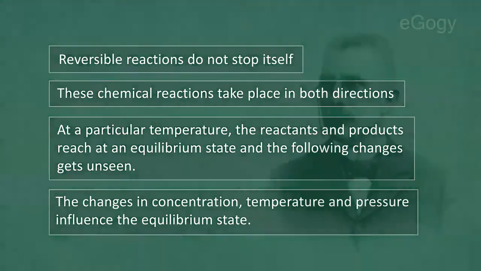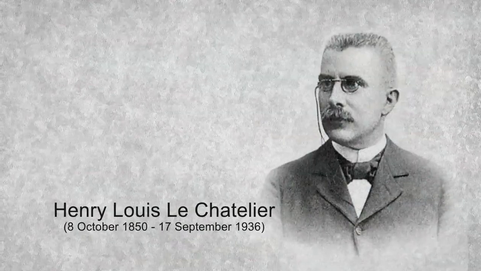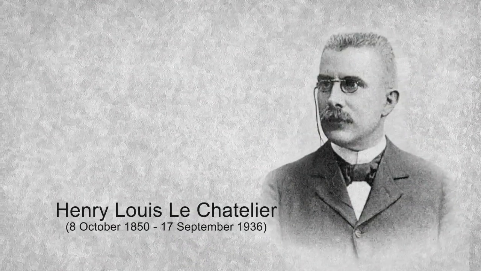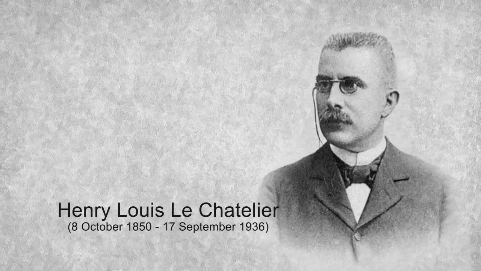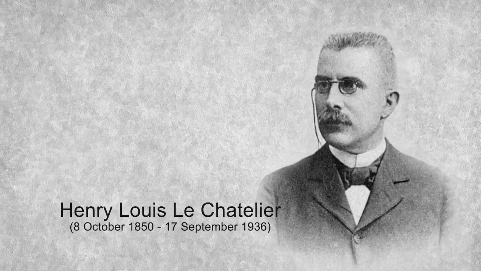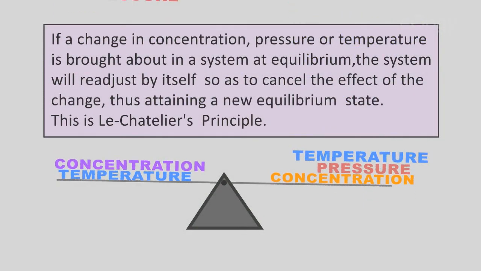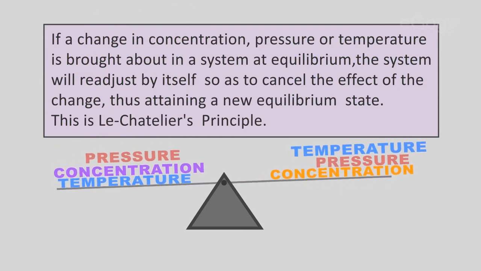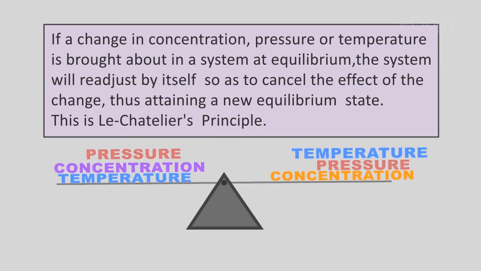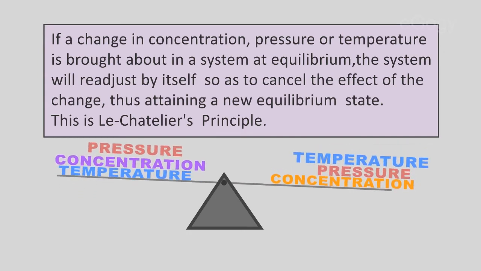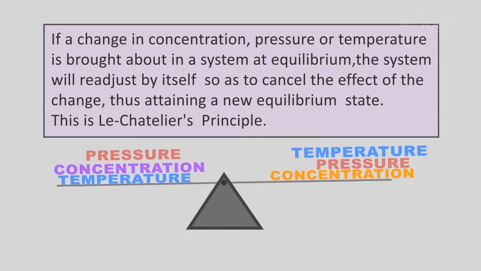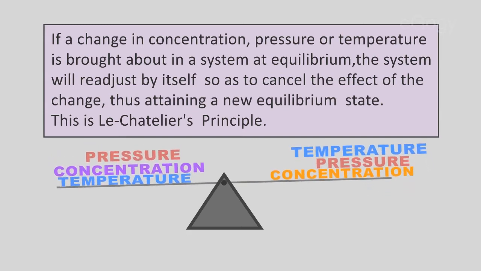The result of the changes due to the change in these factors was predicted by a scientist named Le Chatelier. Le Chatelier's principle: if a change in concentration, pressure, or temperature is brought about in a system at equilibrium, the system will readjust by itself so as to cancel the effect of the change, thus attaining a new equilibrium state. This is Le Chatelier's principle.